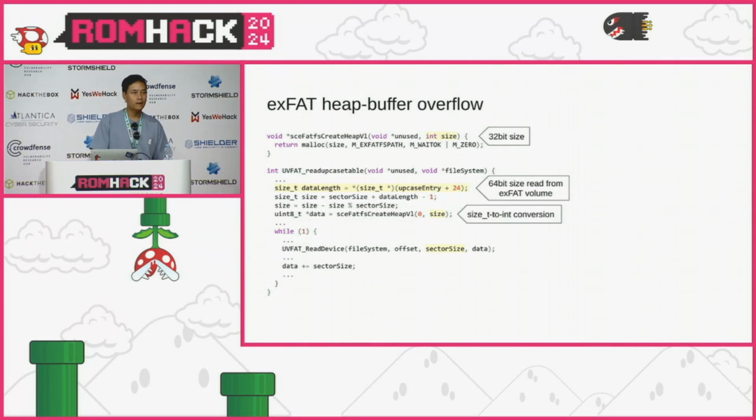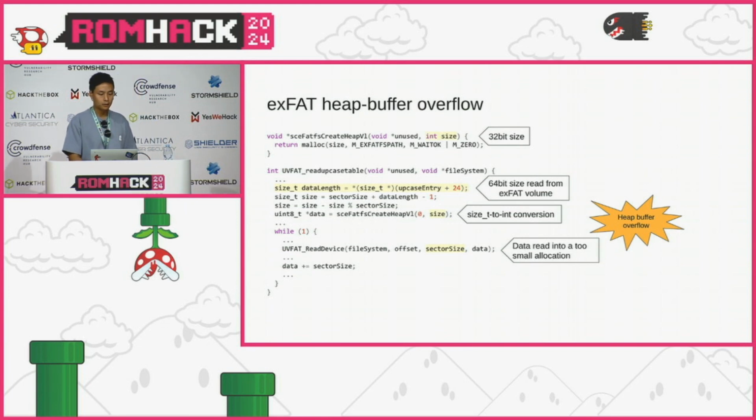So if you provide a size that is bigger than 4 billion, you may end up with a small allocation only. And the subroutine then reads in the upcase table sector by sector, and at some point it will overflow and corrupt adjacent objects. And this vulnerability is also super simple to exploit because you can choose in which zone to allocate the data and also how much you want to overflow.